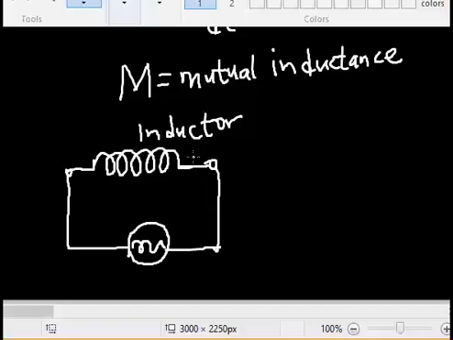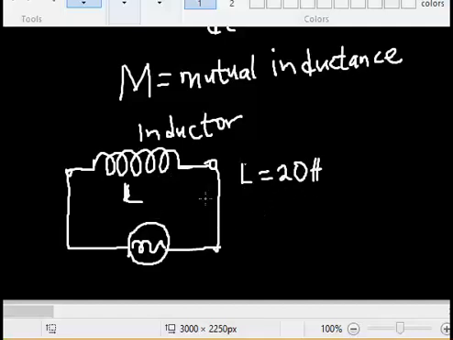So the inductance is measured in Henry. Let's say L here is 20 Henry, H.